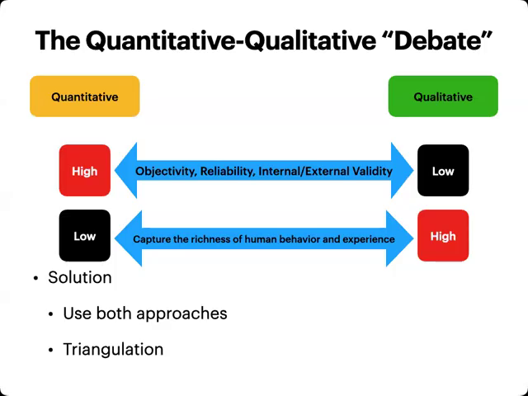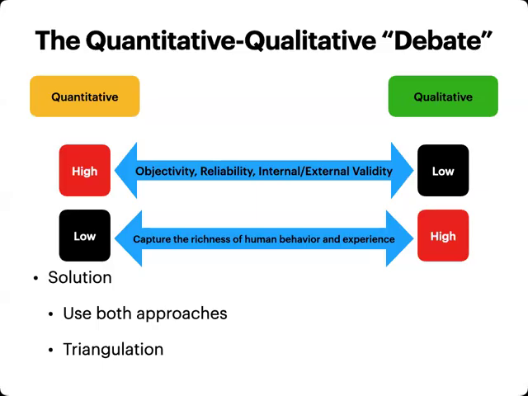However, both quantitative and qualitative researchers are well aware of the weaknesses of their research approach. For example, quantitative researchers are well aware of the issue of oversimplification of human behaviors, and that human behaviors and experiences cannot be adequately described in simple numbers and statistical analysis.